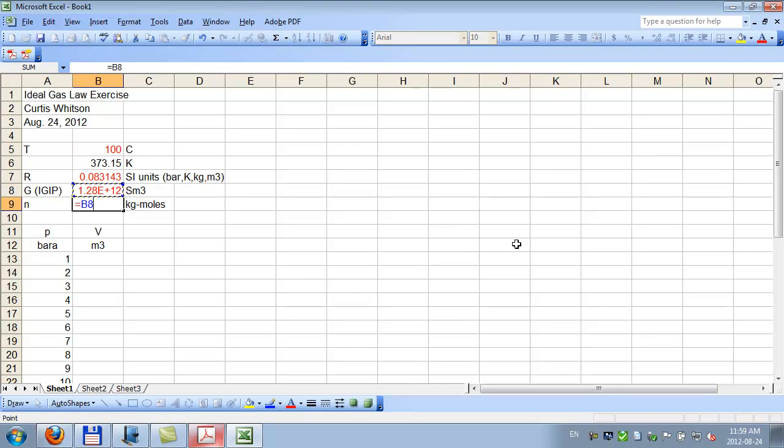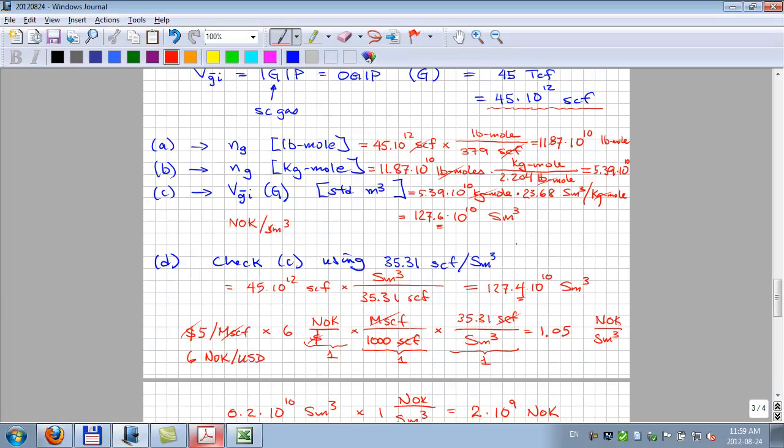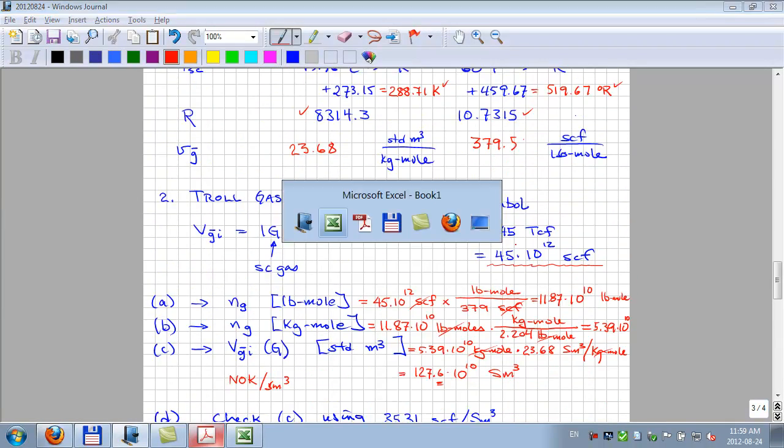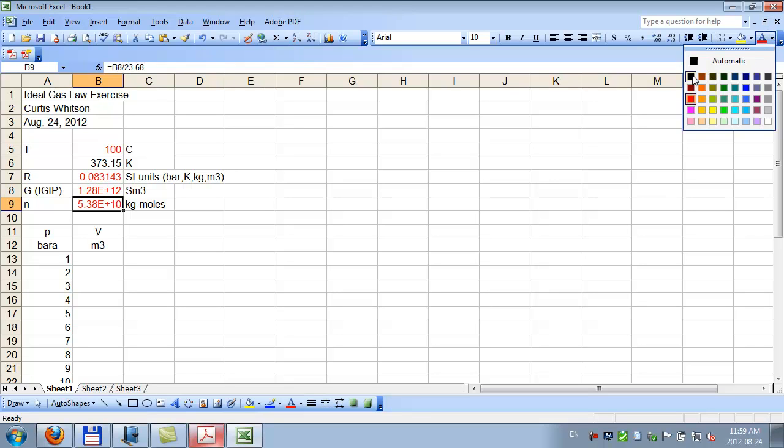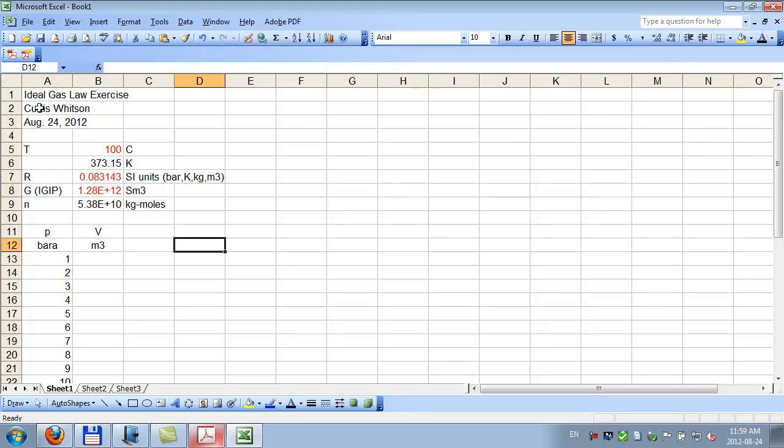We take and divide the gas volume at surface conditions by our magic number of 23.6, I don't remember, 23.68. Okay. And that should not be in red.